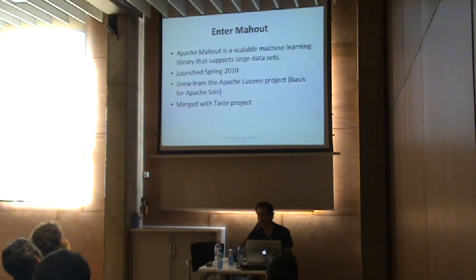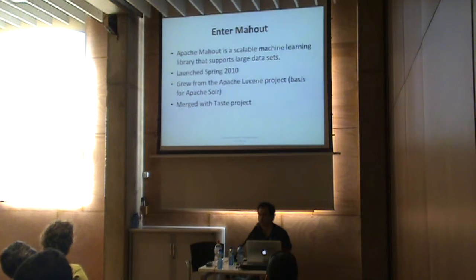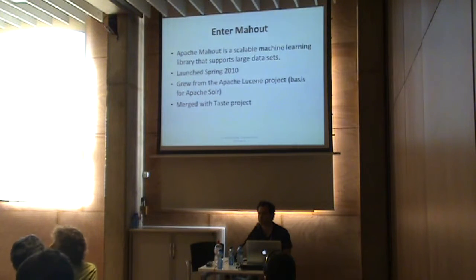It was launched in the spring of 2010, so it's a pretty young project, but it's been taken on by Google and Amazon and a lot of large as well as smaller players in social networking especially. And it originally grew out of the Apache Lucene project. Has anyone used Apache Solr or Mahout before? Yeah, Solr. Has anyone installed and used Mahout yet? Recommender API, no? Cool. So hopefully this will get more people interested.